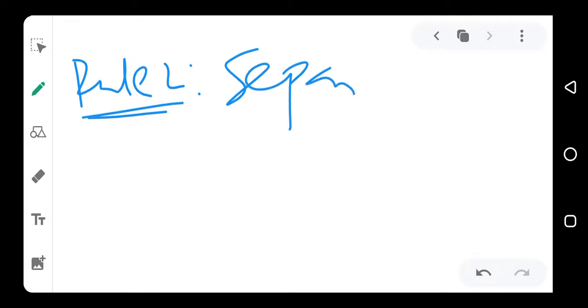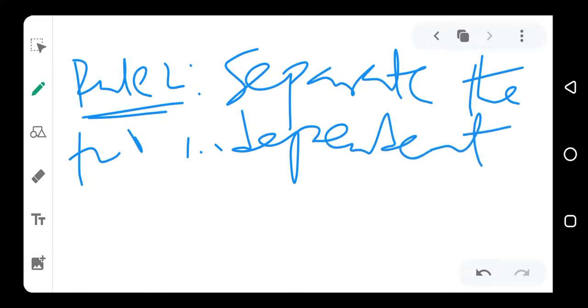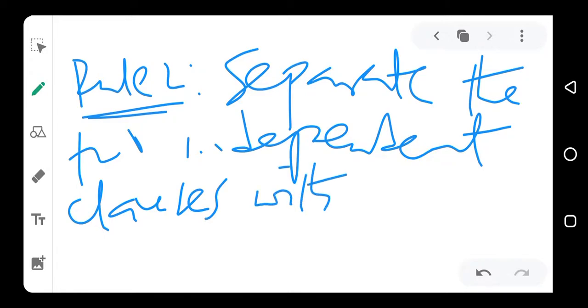Rule 2: separate the two independent clauses with a period.